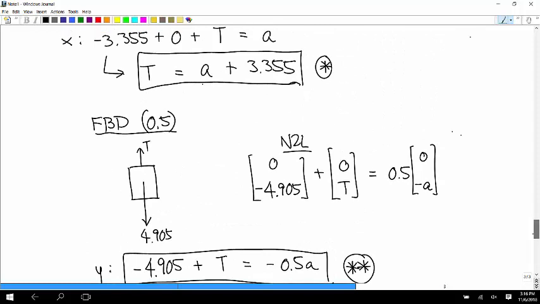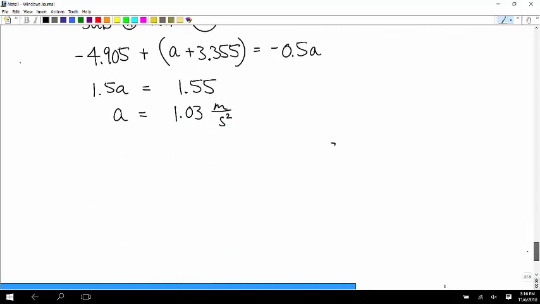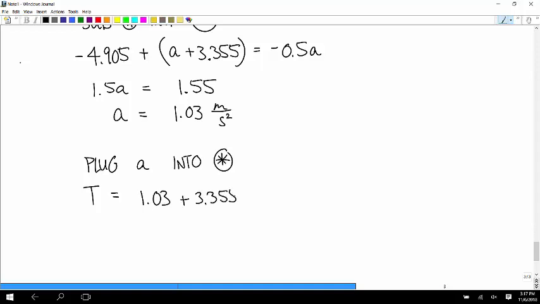Well, now we can plug A into equation star, and you get that tension is equal to 1.03 plus 3.355, which is 4.385. Significant figure disasters everywhere.